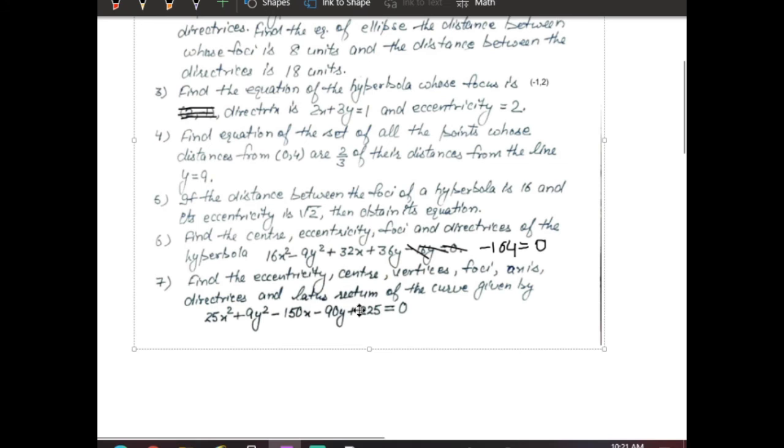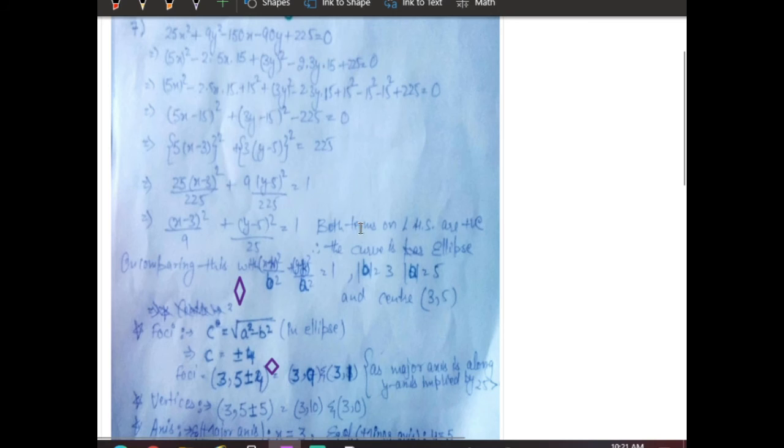Your seventh question was also somewhat like the sixth. I gave you some equation and you have to find out the things. Here again, when you get the equation of this format, because both the terms are positive, that means it's an ellipse. Now here I have to see which one is greater, and the major axis is along that.